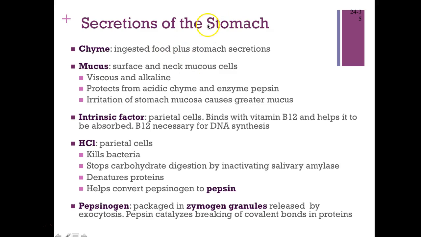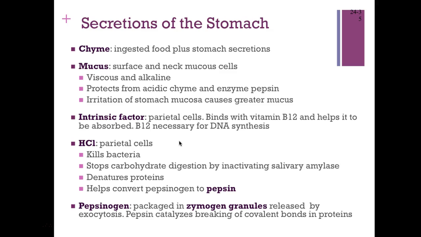It can also help to protect from the acidic chyme and the enzyme pepsin. Irritation of our stomach mucosa will cause greater mucus so that it's not a problem later on. Our intrinsic factor, we said, was secreted by parietal cells. It is going to bind with vitamin B12 and help for it to be absorbed.